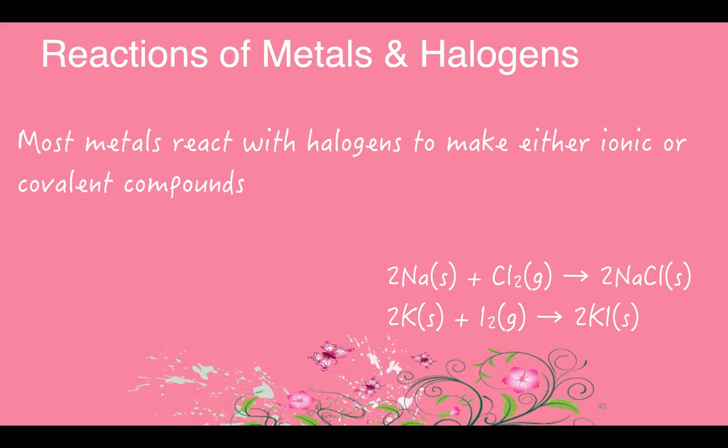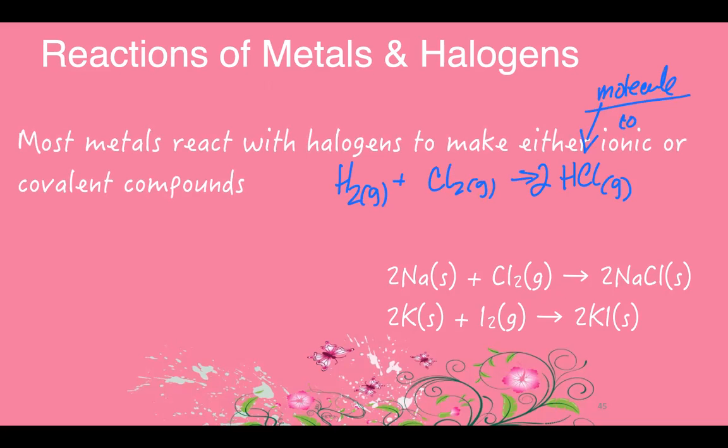It can be either one. For example, hydrogen gas reacts with chlorine gas to form molecular hydrogen chloride. Let me balance that out. This is not an ionic compound, it is a molecule. Remember, the word molecule implies a covalent bond.